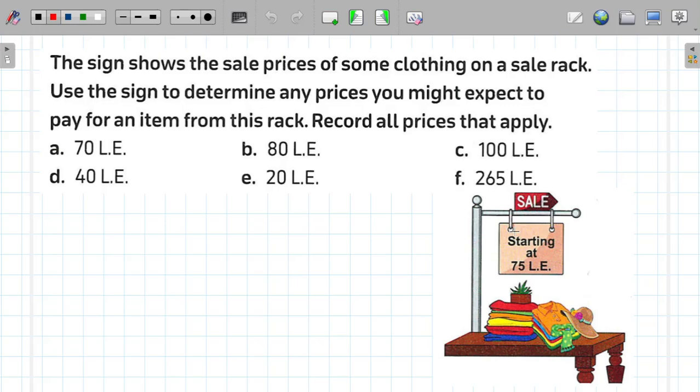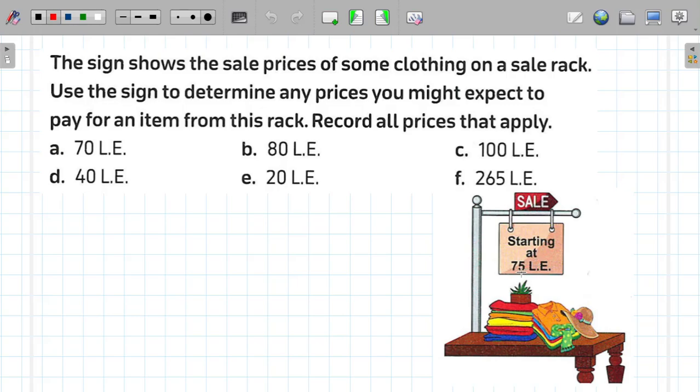Okay? So I want to record all prices that apply that condition or stipulation here. So I want all prices that are more than or equal, because I'm starting with 75.